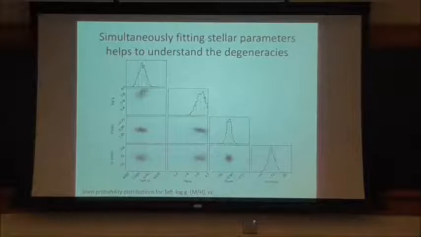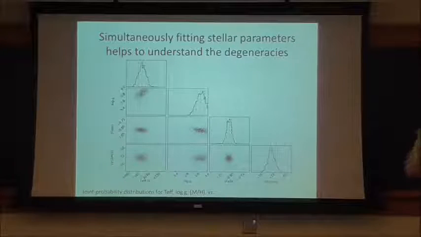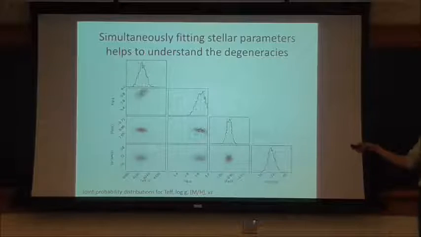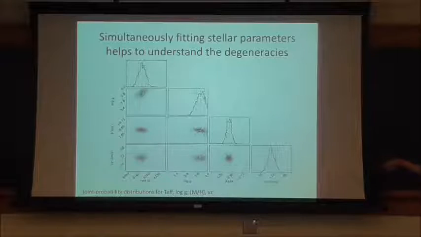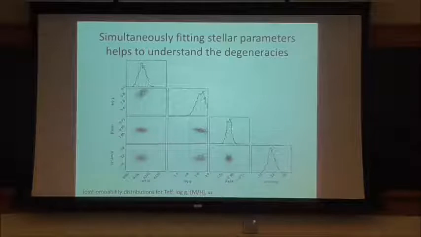Okay, so we had to do this fit simultaneously because there were correlations between a lot of these parameters. So for example, log g and Teff are correlated. And this is basically joint posteriors for the parameters we fit for, including the radial velocity. But a joint fit doesn't mean you get rid of the correlation of the parameters.